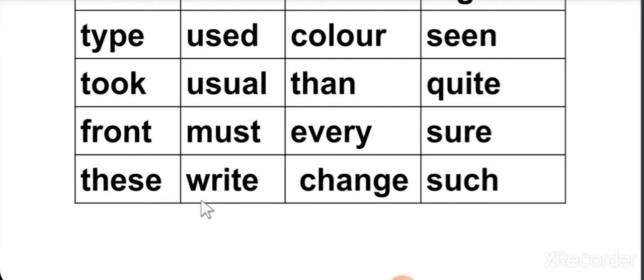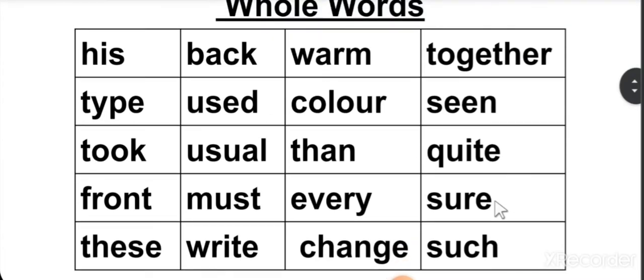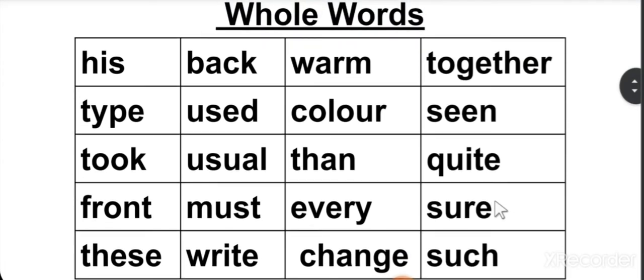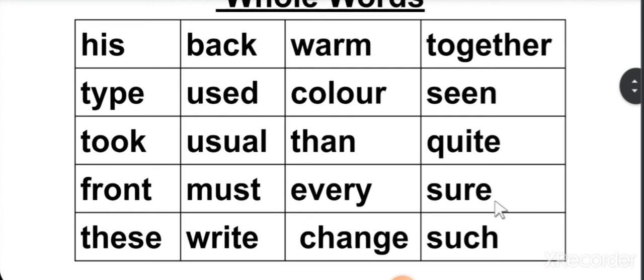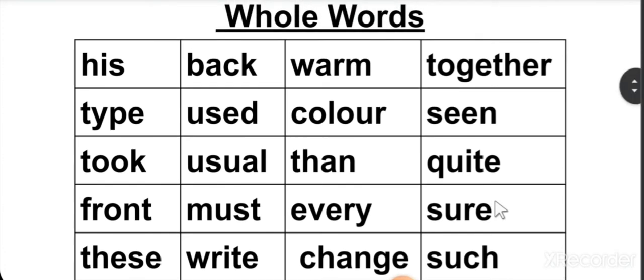WRITE, right. CHANGE, change. SUCH, such. So these are the whole words. You have to learn the spellings, as these whole words will come as a dictation in your paper as well.